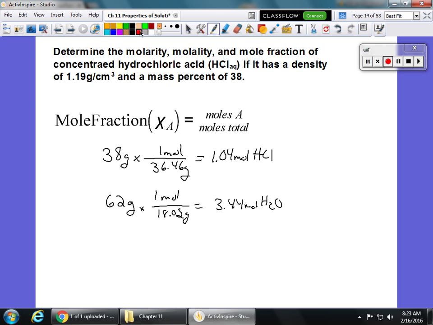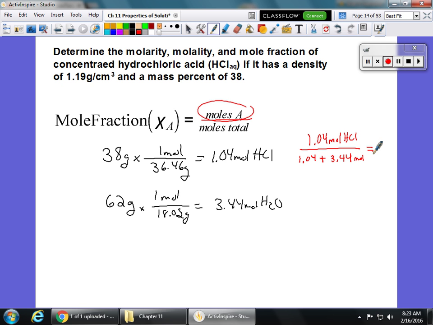So going back to our definition, remember it's moles of the thing that we're looking for, moles of the HCl, over the moles total. So we're going to say 1.04 moles of HCl, and the total moles are going to be 1.04 plus the water, which is 3.44 moles of water.